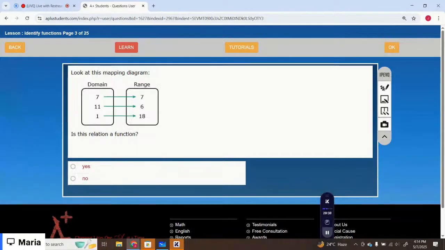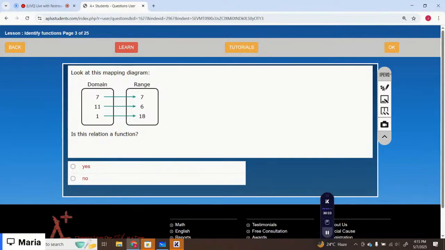Look at this mapping diagram. Is this relation a function? For each x value, there is only one value of y.